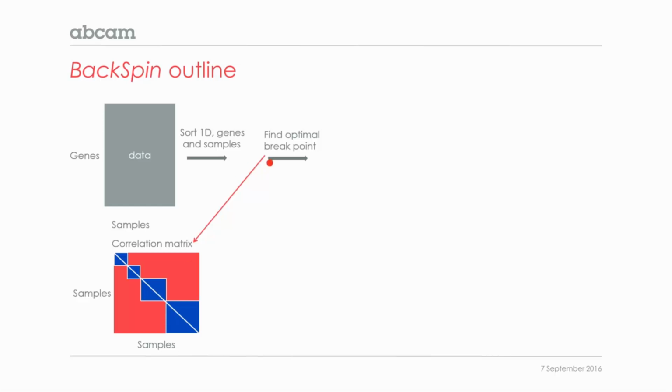Now the task that is not part of the spin algorithm is to find the optimal breakpoint in this correlation matrix. For this, I developed some heuristics. You can appreciate that the points between the squares are potentially good points to split the data into two chunks. And this is basically what I'm doing.